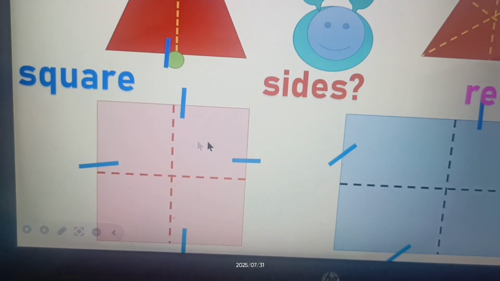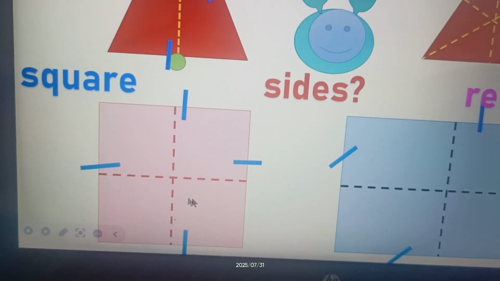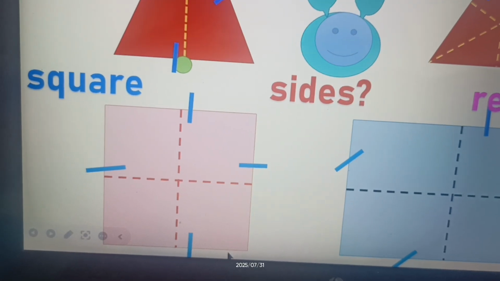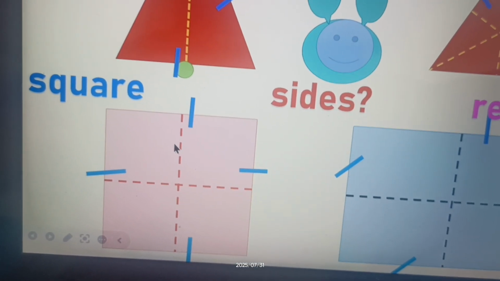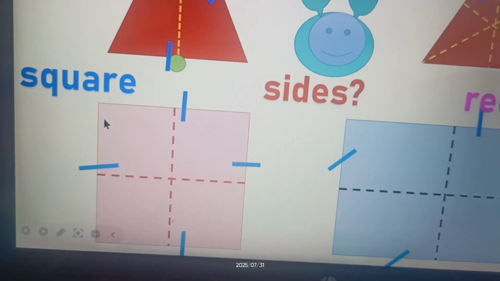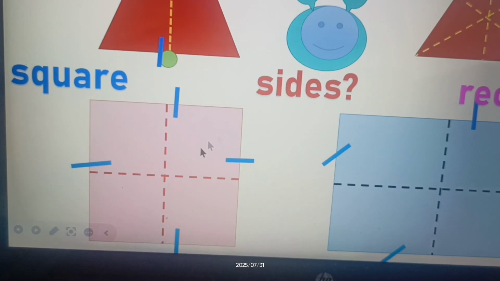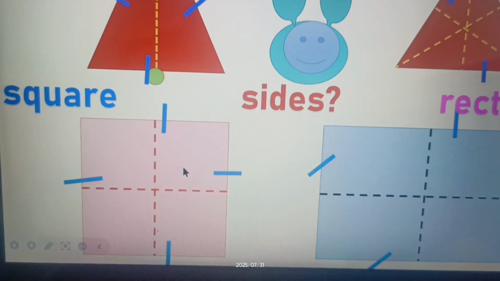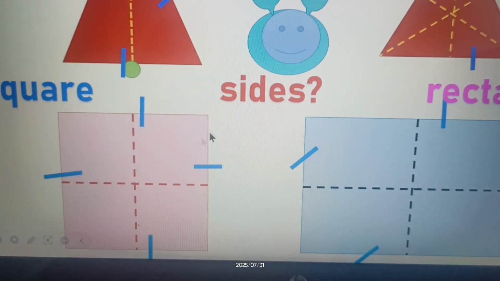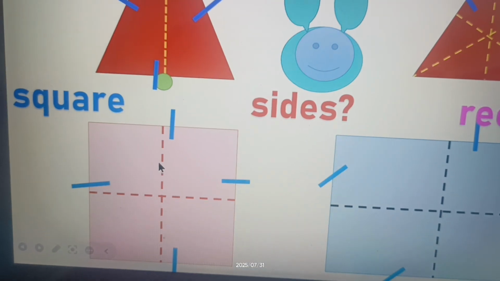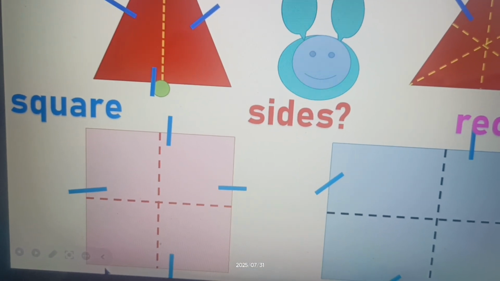You can fold it into 2 triangles along a diagonal also. There are 1, 2, 3 and 4. I haven't drawn that, but remember, there should be 4 symmetrical lines.